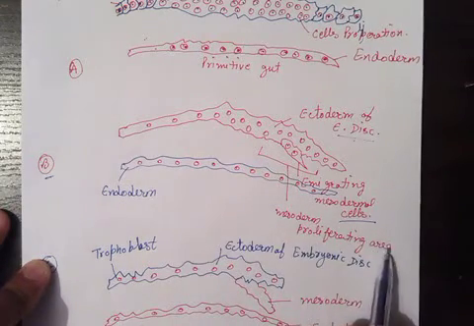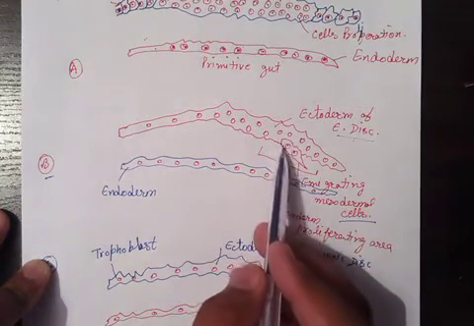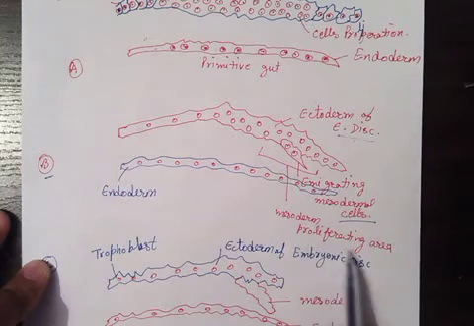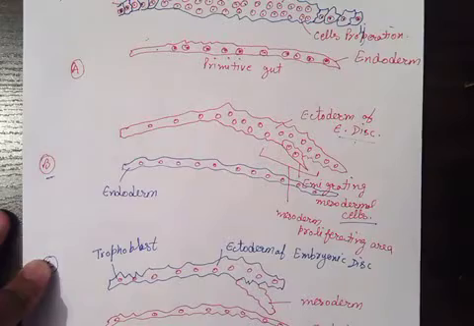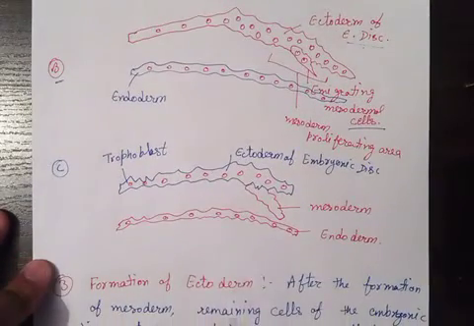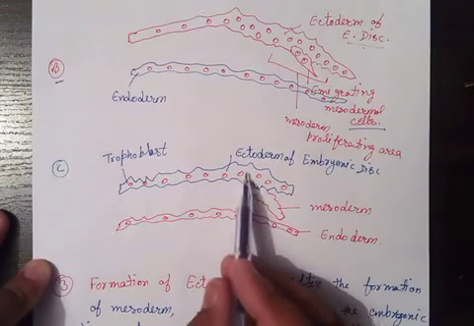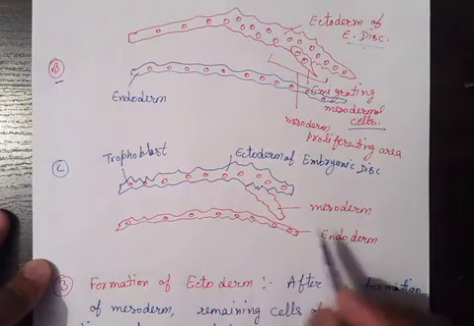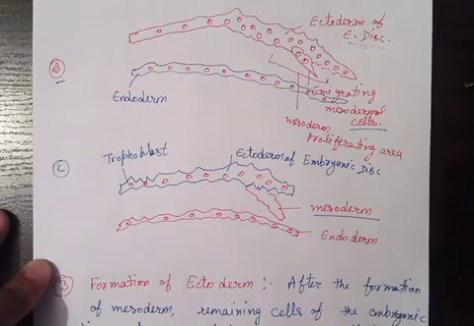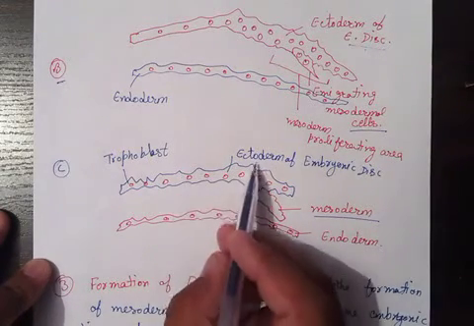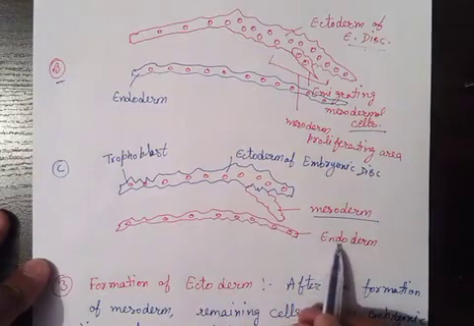The area from which the mesodermal cells arise is known as the mesoderm proliferating area. Now this mesoderm detaches from the embryonic disc and forms a new layer, the mesoderm, between the trophoblast or embryonic disc and the endoderm.